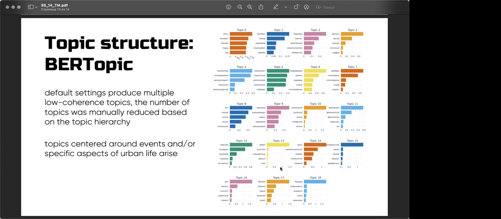So overall we can see that, based on some downsides of the algorithms that we covered, as well as the specificity of the Russian language, and maybe a bit poor quality of some of the models that are pre-trained for the Russian language, we see some poor quality topics and some higher quality topics.